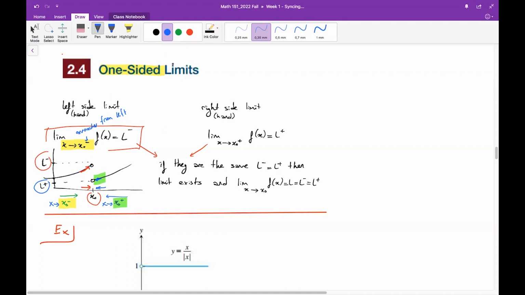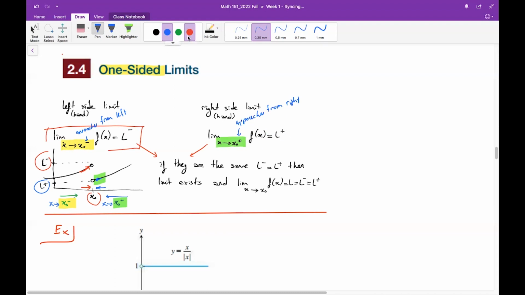And what happens if x approaches x0 from right? You see, this little superscript plus means that x approaches from right direction. And this time, if I approach x0 from right, the values of your function are getting closer to this real number, L plus.